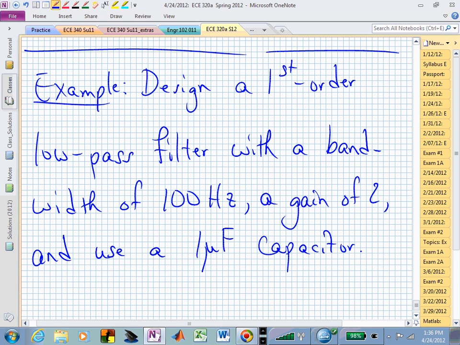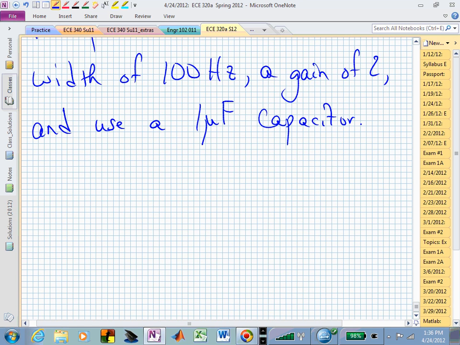We want to have a 100 hertz low pass filter. We want to use a 1 microfarad capacitor. And in the pass band, we want a gain of 2, an absolute gain of 2. What we can do is now find an active circuit that allows that to happen, and that's the very first circuit in Chapter 15.